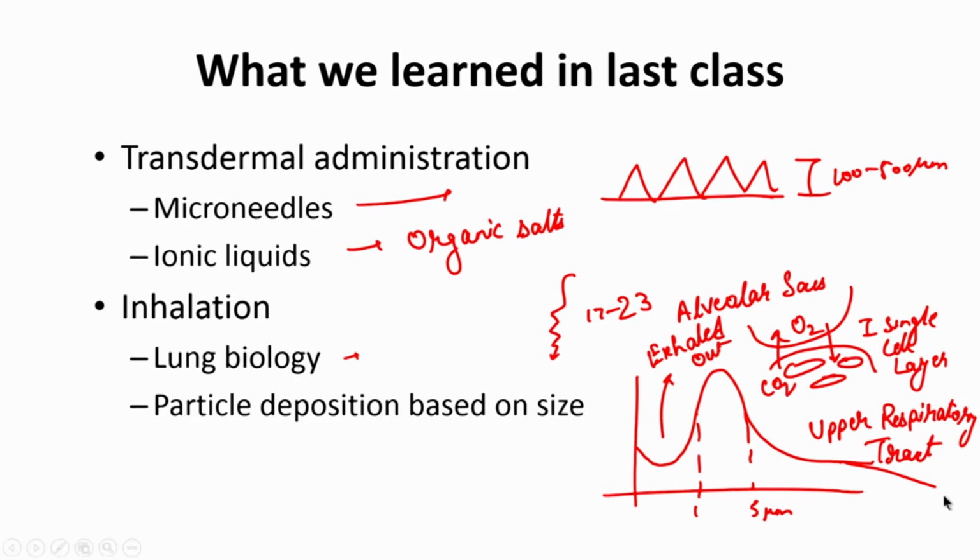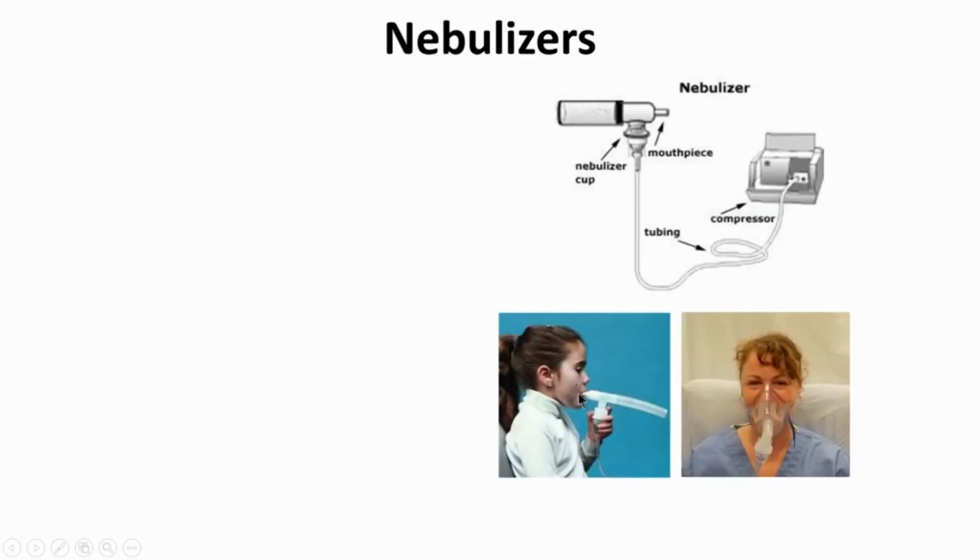Let us continue our discussion on inhalation in this class. There are several types of inhalation. One is called the nebulizer, and you might have seen this in a hospital setting. There is a small nozzle that can go in the mouth, and there is a kind of compressor that generates small droplets.